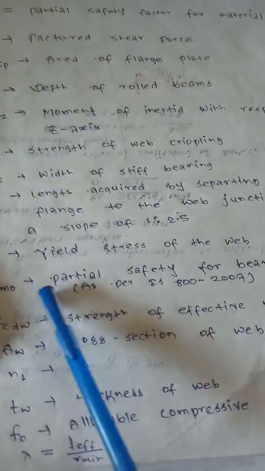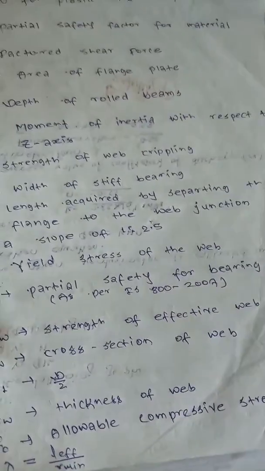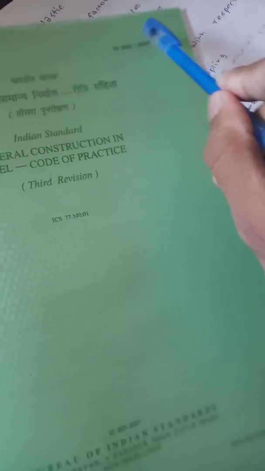Gamma mo is partial safety factor for bearing, equal to 1.1. This we need to know from this IS code book, as per IS 800:2007. We will know this value from this code book.